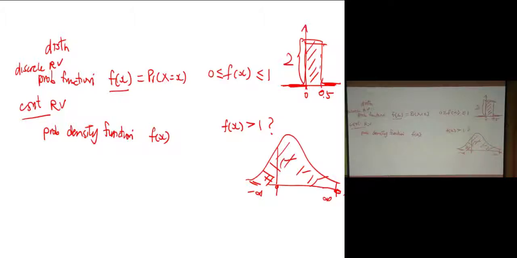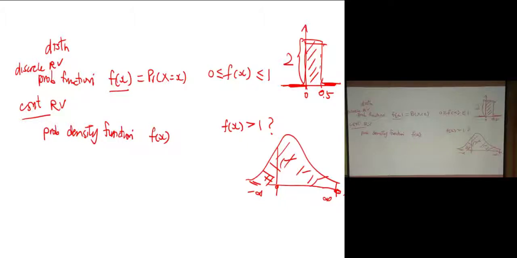I want you to distinguish: both lead to f of x. For a discrete random variable, it represents the probability at that particular point. While for continuous, it only represents the density at that point. To convert it to probability, you have to consider a very small neighborhood of this point, x between x and x plus delta x.